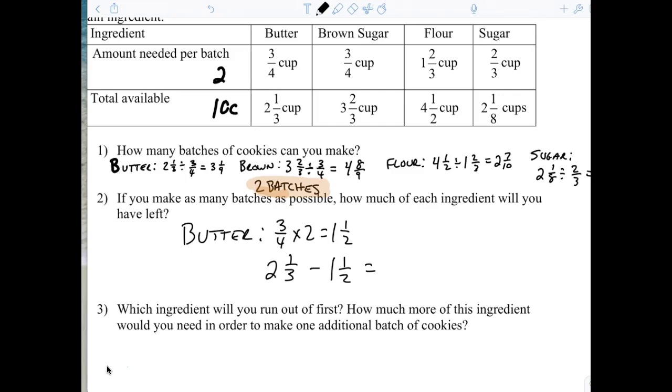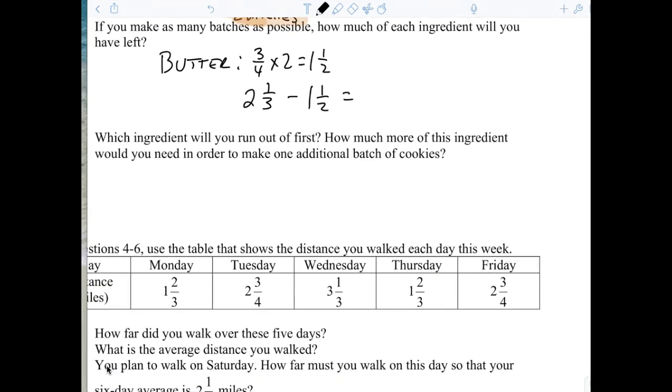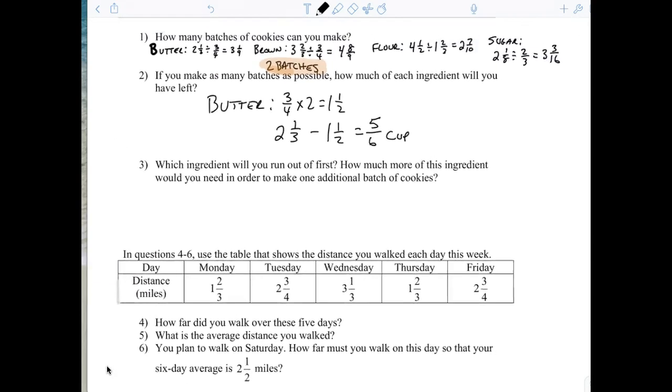I subtracted. Oh, I understand. He's got it. 5/6. Yes. Does everybody agree with that? He has 5/6 of a cup left. Is everybody happy with that?